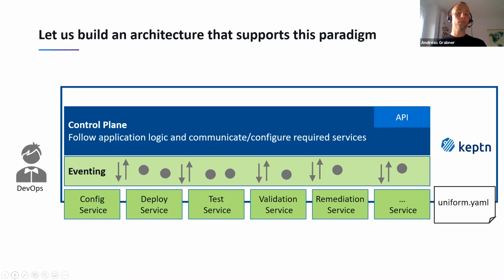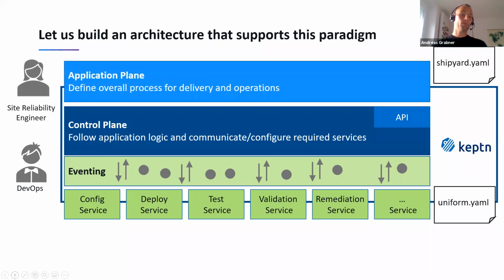You just change the uniform and say, Keptn, from now on the deployment event is no longer handled, let's say, by Helm, but by some other deployment tool. Or we are switching from a JMeter testing service to a commercial offering from Neoload and things like that. So you define the tooling in the so-called uniform.